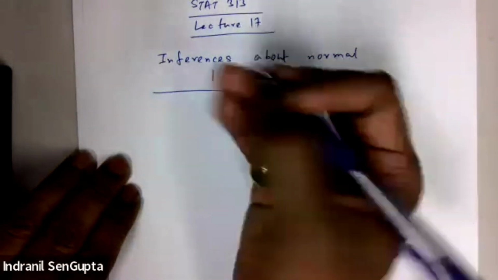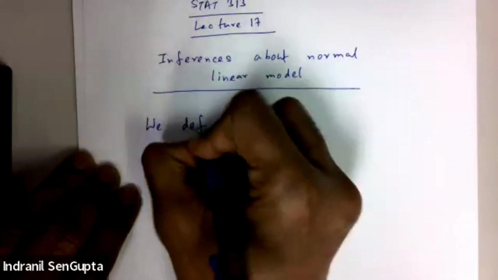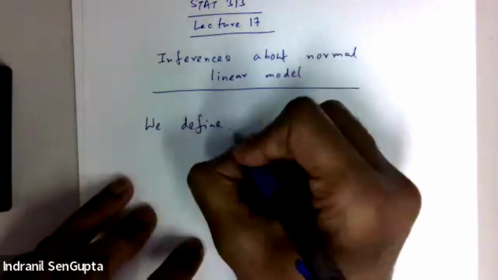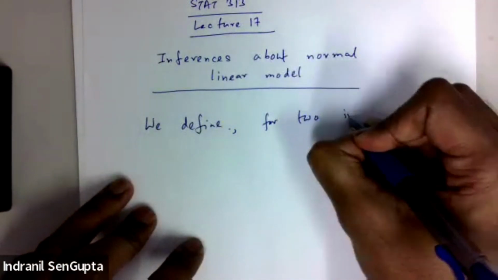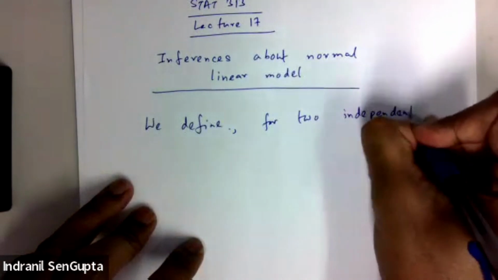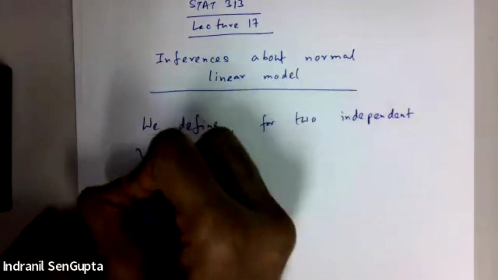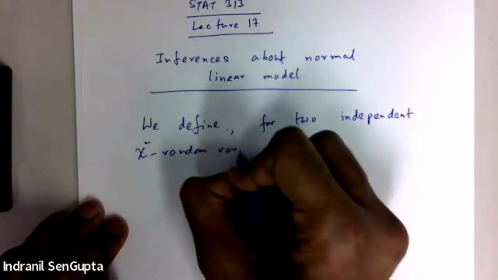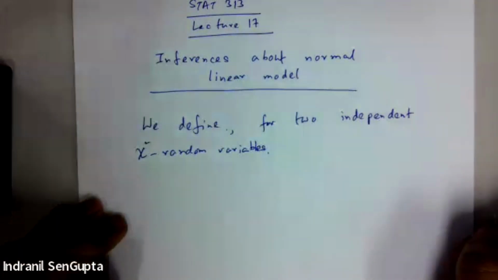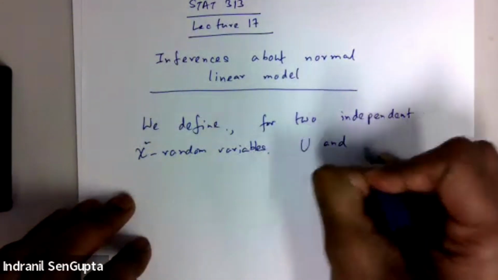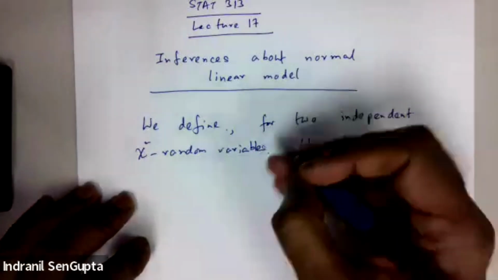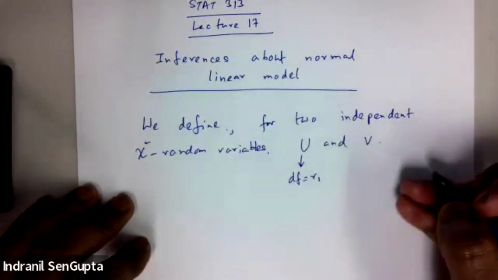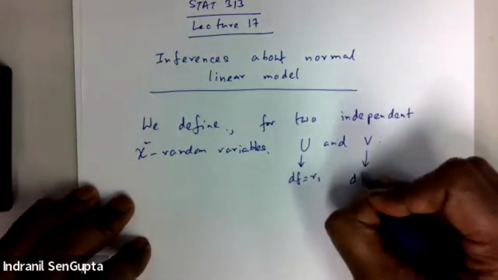Suppose we define two independent chi-squared random variables, let's name them U and V, where the degrees of freedom is R1 for U, and for V the degrees of freedom is R2.